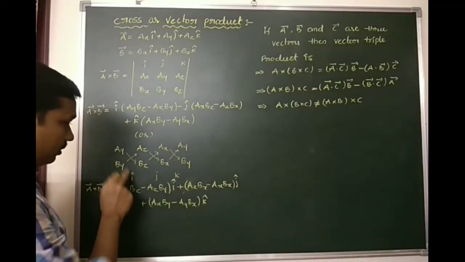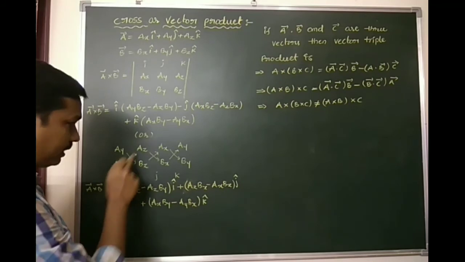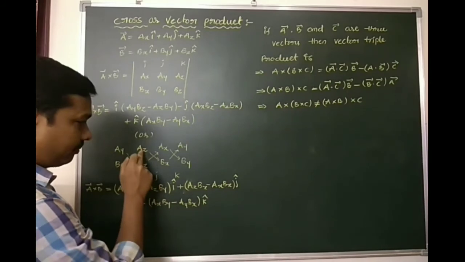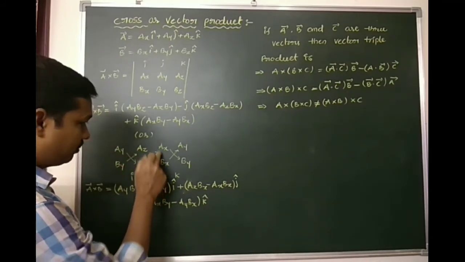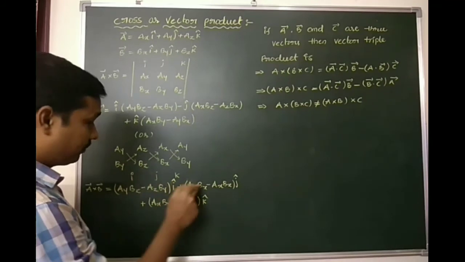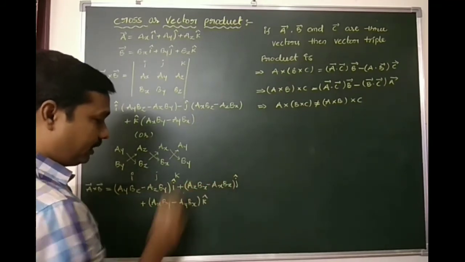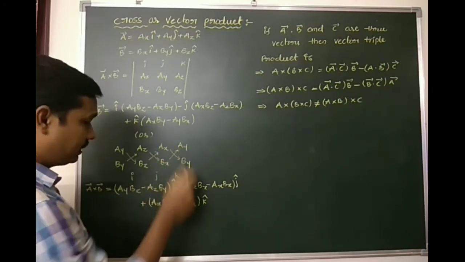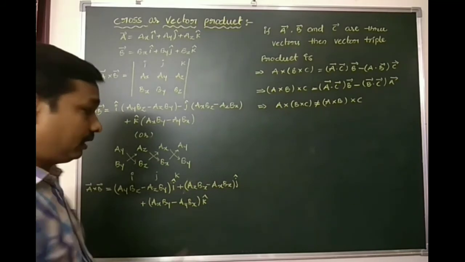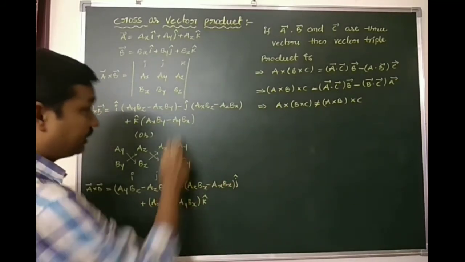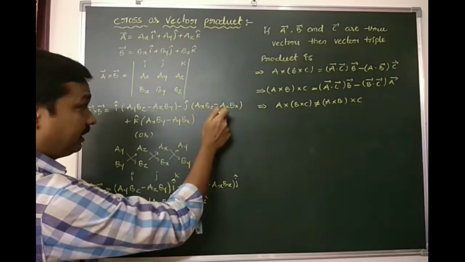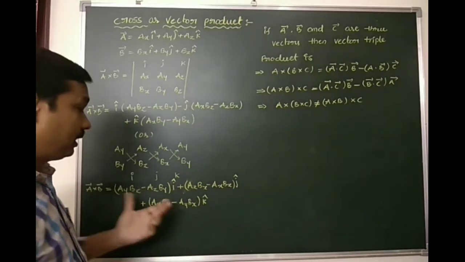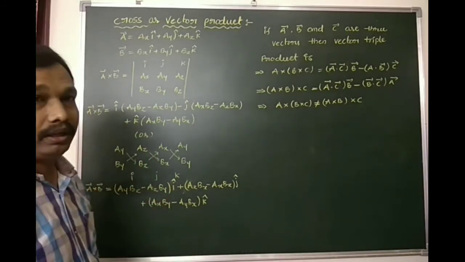So (Ay Bz minus Az By) into i cap, (Az Bx minus Ax Bz) into j cap, and third (Ax By minus Ay Bx) is giving you the third vector. Here we get a negative sign according to this; if you send the negative sign inside, we get this. This is the shortcut method to calculate A cross B vector.